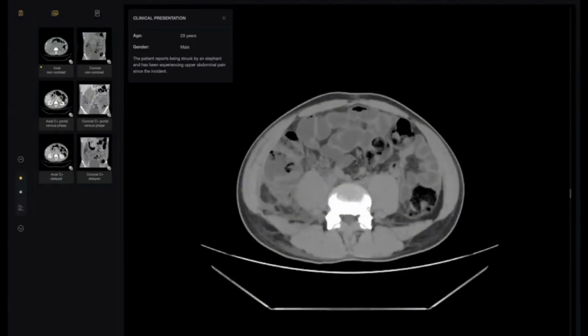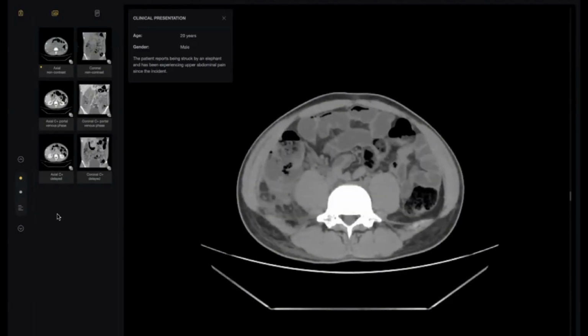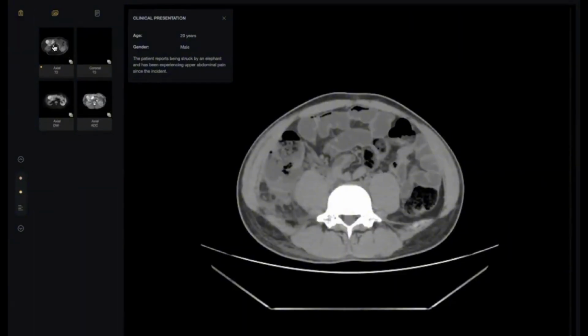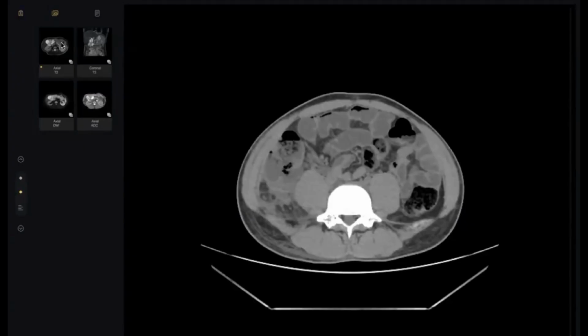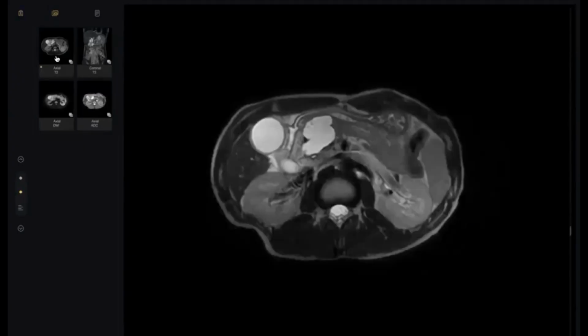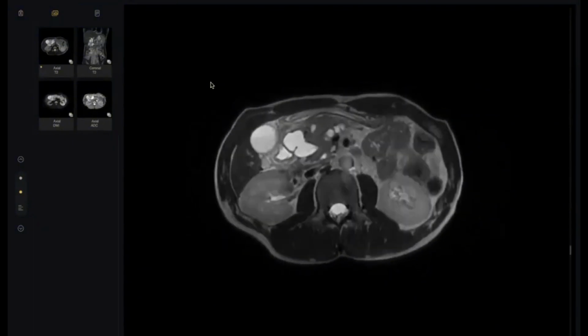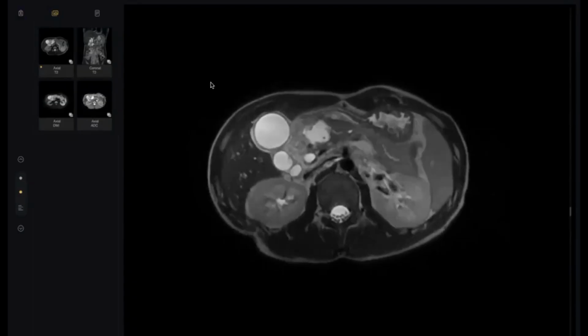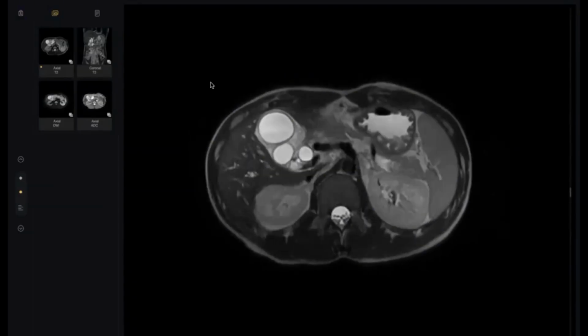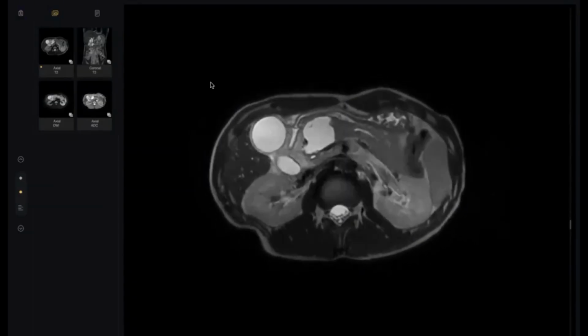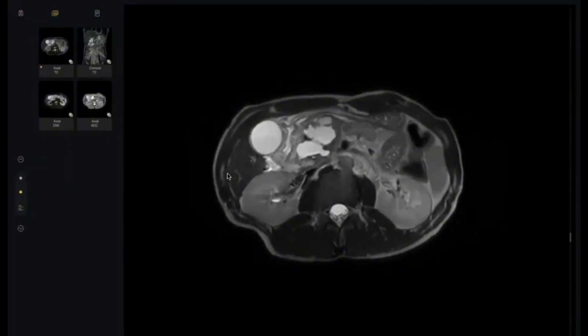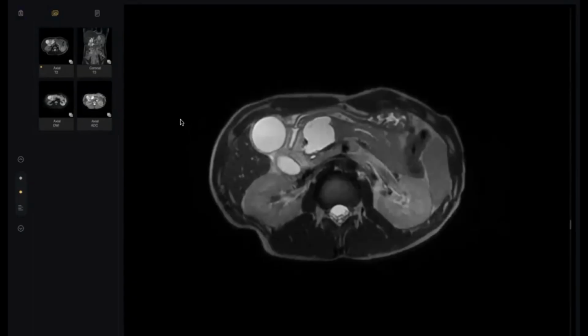Use the mouse, doctor, one second. Visualized bowel loops are fluid filled, and changes of fat stranding are also noted. Sir, I'll scroll.